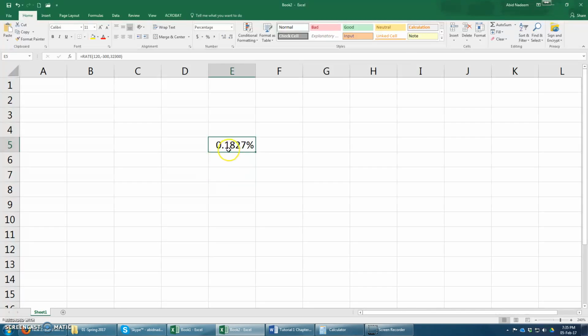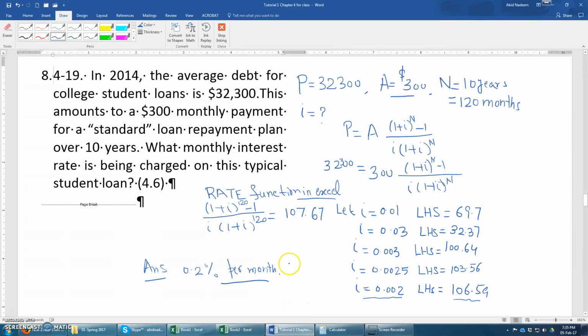You will get a more precise answer of 0.1827%. So this 0.1827% is a more precise value, or 0.183% per month.